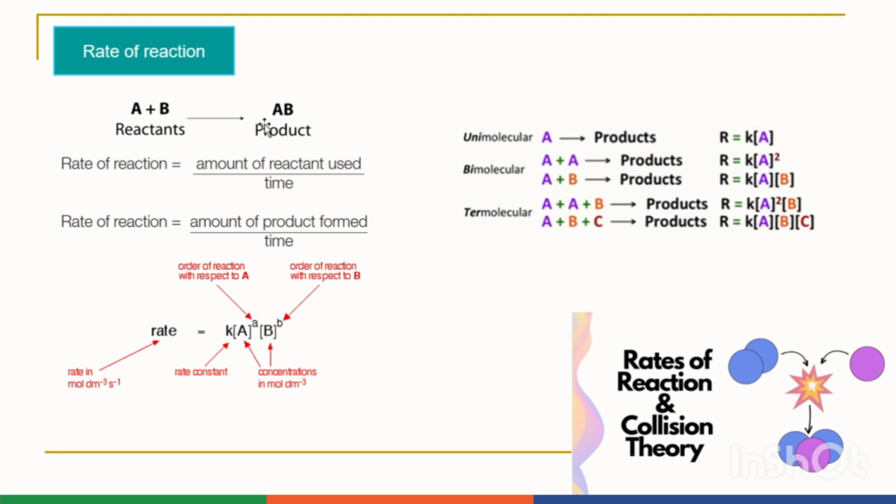So for this chemical reaction, the reaction rate is defined here. K is rate constant. Capital A and B refer to concentration. Small a and b refer to order of reaction with respect to A and B respectively. To calculate rate of reactions, we have to pay attention to rate constant.